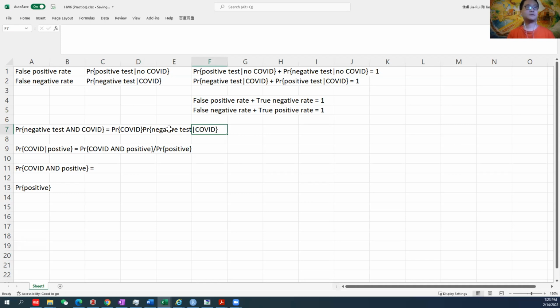As I described in the beginning, all these rates, like false positive, true positive, false negative, or true negative rates, are all conditional probabilities. Hopefully you don't get confused between these two things.